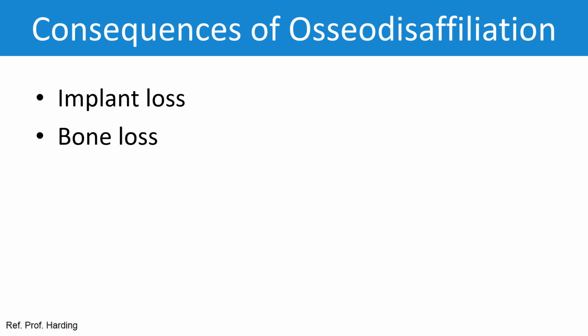So at all costs, please try to preserve the bone, and if you are aware of osteodisaffiliation, perhaps the best treatment of all is to remove the implant as soon as possible in order to preserve the bone.